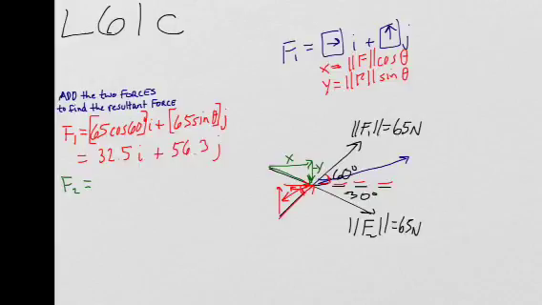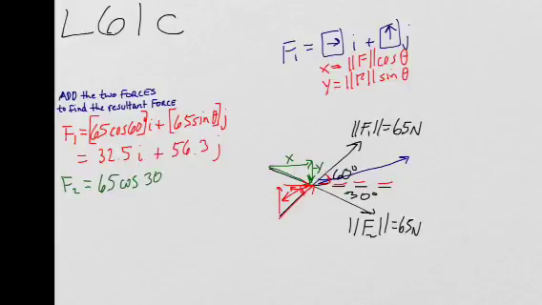Remember I said right at the beginning that was negative 30 degrees. We could just think of it that way. In fact, you can kind of do this on your calculator. So the x direction is going to be the magnitude, which is also 65, times the cosine of the angle, which is 30.